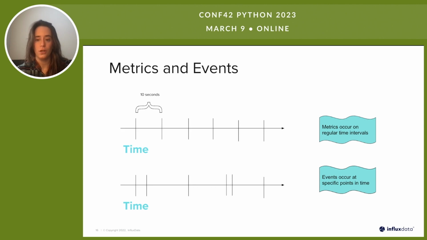So in our health chart, for example, an event might be something like a seizure or maybe an arrhythmia. Both events and metrics are important time series elements that you need to monitor health, because a regular metric might just be monitoring your pulse.